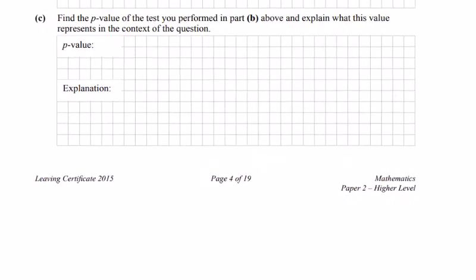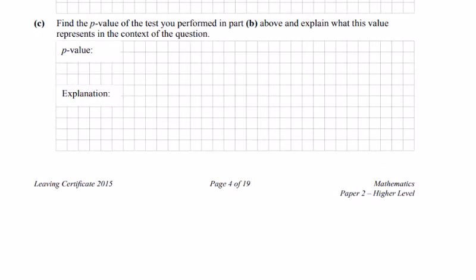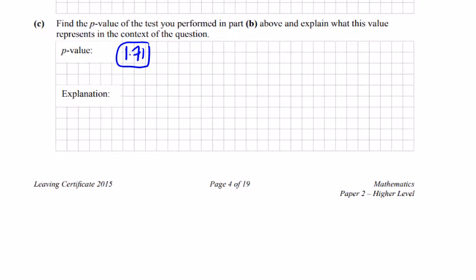And part C, find the p-value in the context of this question. Okay, we need to look up 1.71. 1.71 is 0.9564.